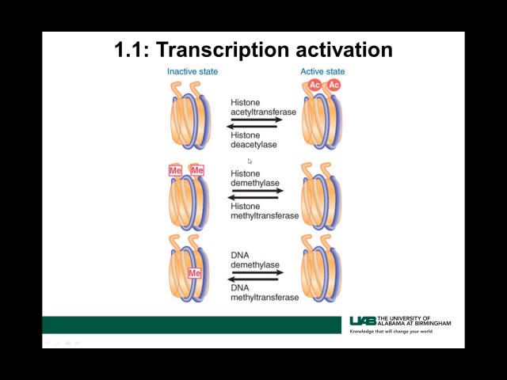Histone deacetylase will remove that acetyl group from the lysine residues on histones, and they will make that chromatin more compact, and DNA is not going to be accessible for transcription.